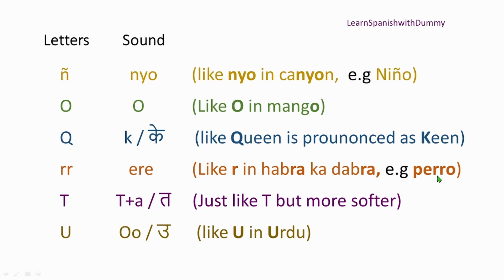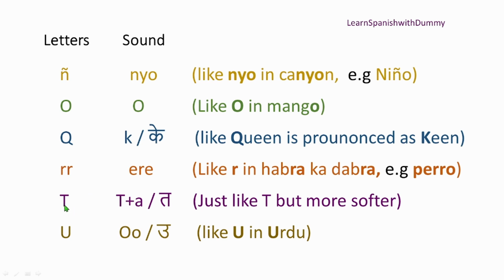So we pronounce it as perro. I'm rolling my tongue. It's not like in English where we say pero. In Spanish it's perro. So it's just like abracadabra. That is it, and it's pretty easy.